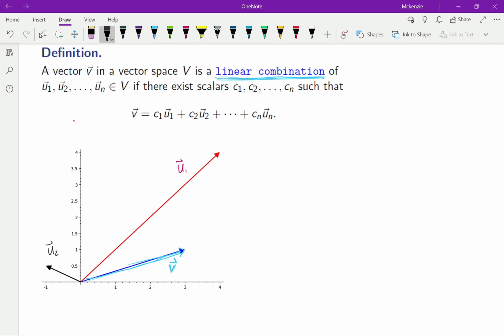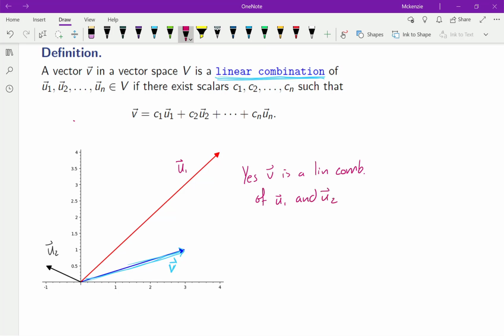Alright, so in fact, yes, V is a linear combination of U1 and U2.